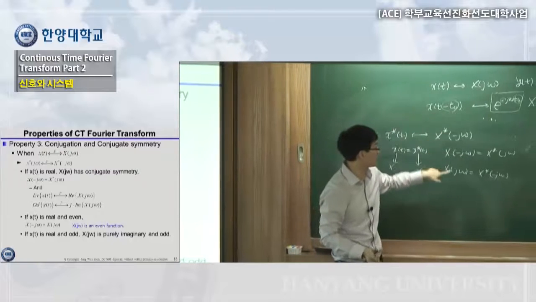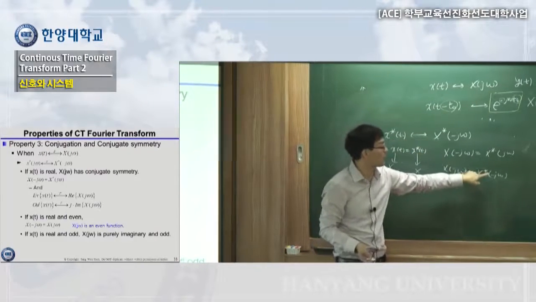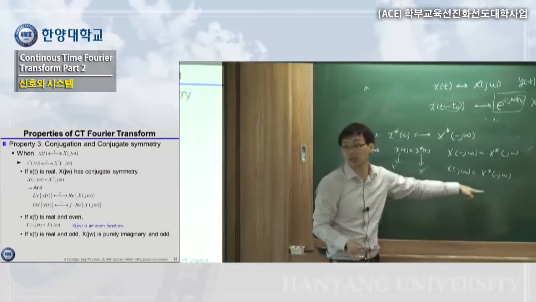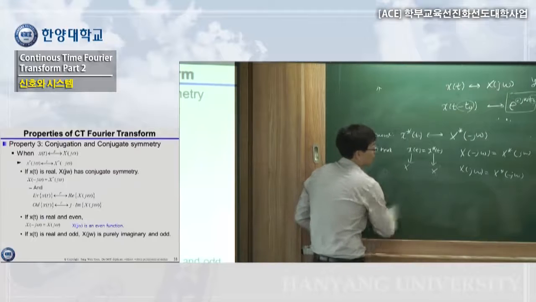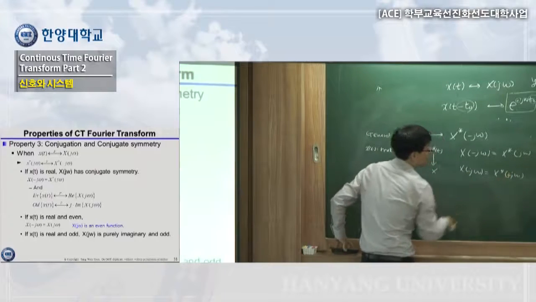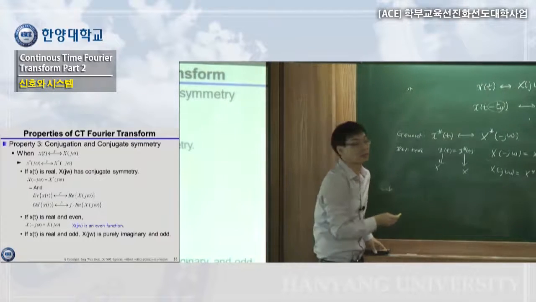The transform of x is X(j omega), the transform of x star is X star(minus j omega). So this is the actual initial value for your case. If you just change the omega polarity, they will look like that. So it does not matter.